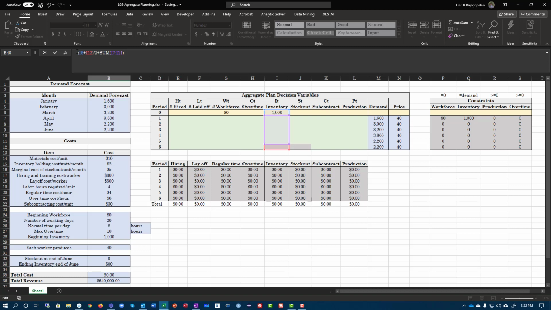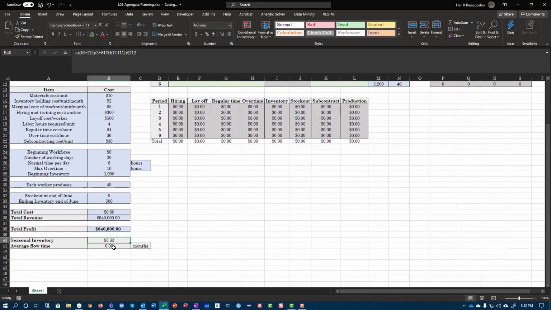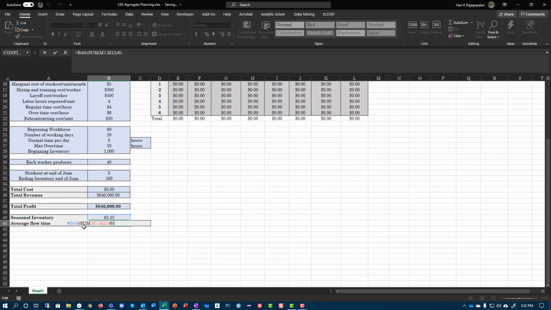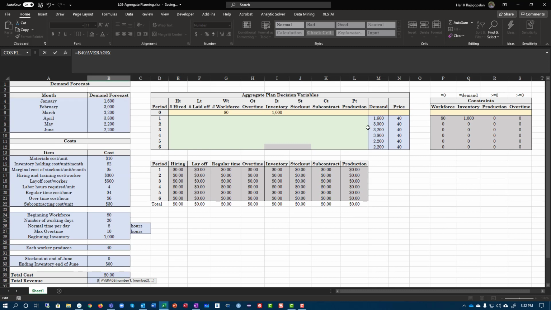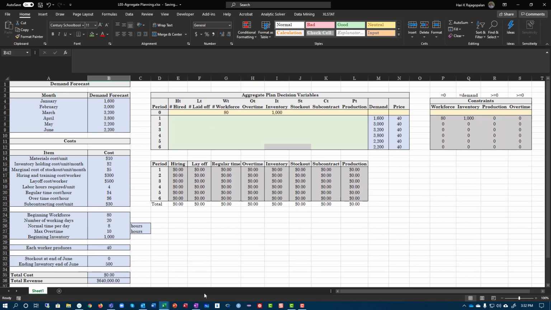And then this whole thing, you've got to put another parentheses, this whole thing divided by the last time period, 6. There are 6 time periods. And so this is your seasonal inventory, and then your average flow time is your seasonal inventory divided by, and instead of doing the sum, you can just divide it by the average demand here. All right, so this gives you those values.